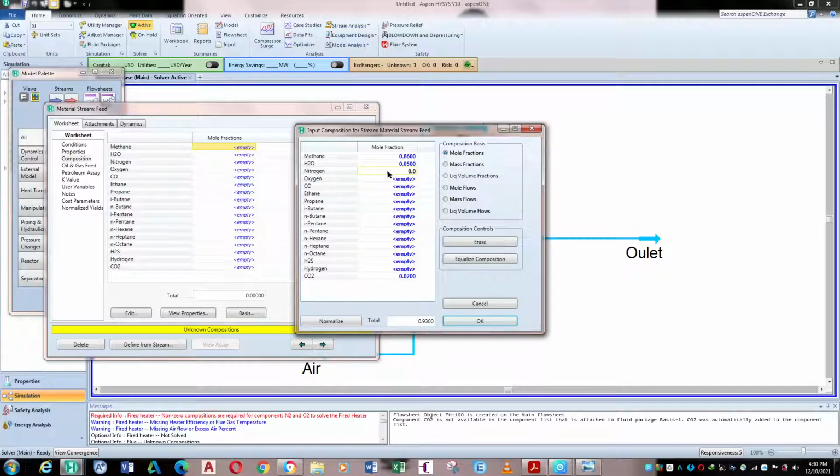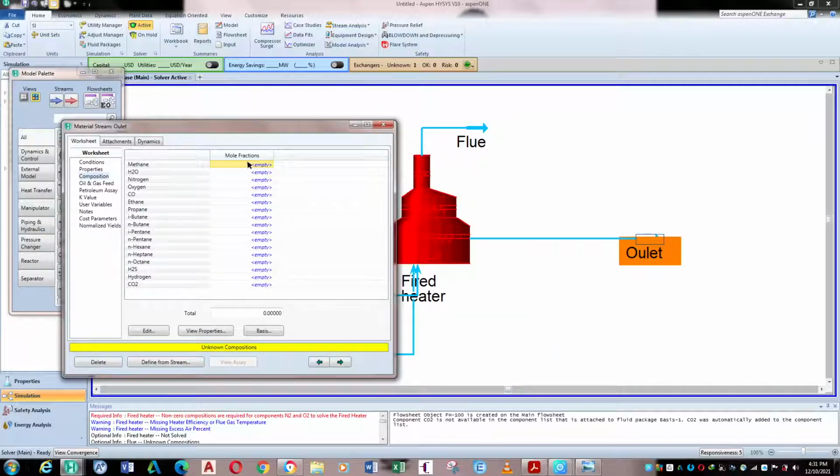And then okay, now we move on to specify the composition. The composition does not change as well, because all we are doing is elevating the temperature of the stream.